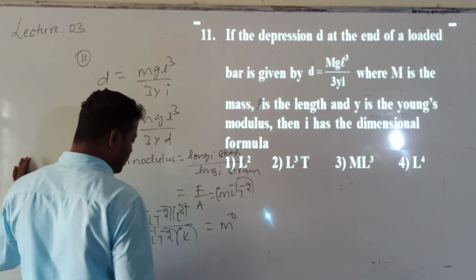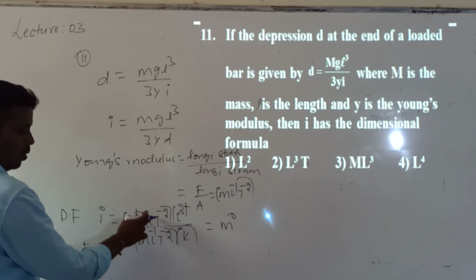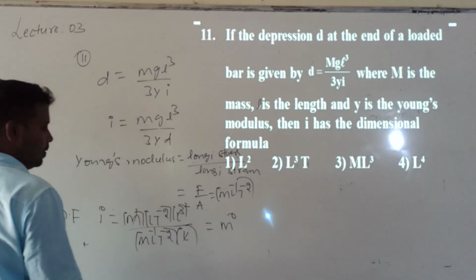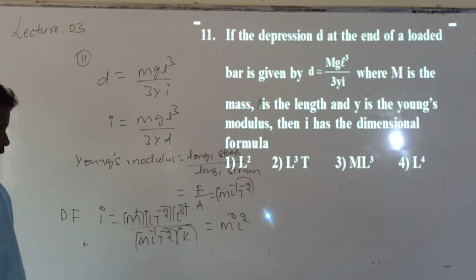M power 0 and L power, here L will go to the numerator, L power plus 1, it will become L square.